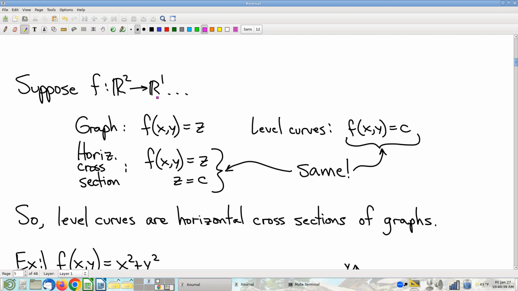If you form the graph of that function, keep in mind the rules for graph. Set the value of the function equal to a new variable. Right? Okay, fine. Now, on the other hand, you could make level sets by setting the value of the function equal to a constant. And those are different, right? A variable is not the same as a constant.